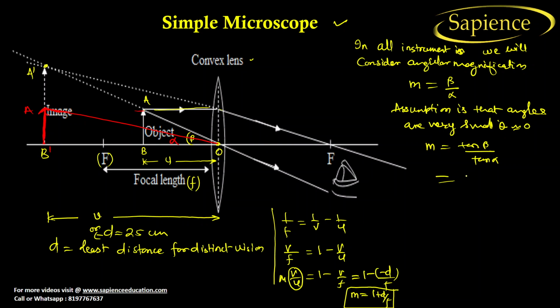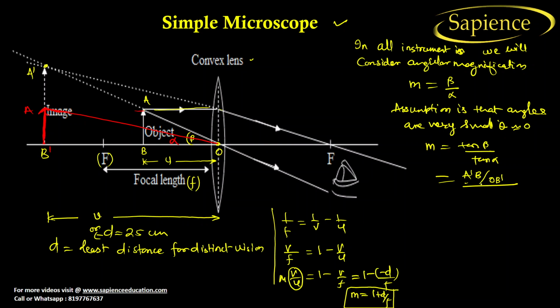So the large triangle can be written as A'B' divided by OB'. Now, A'B' divided by OB'.